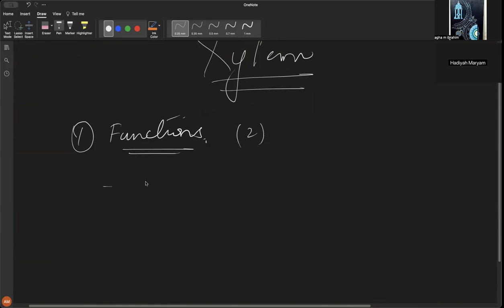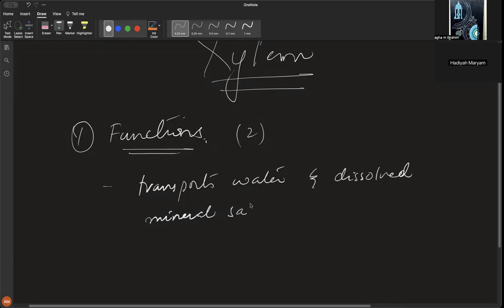Number one, it transports water and dissolved mineral salts from roots to the stems and leaves, right?